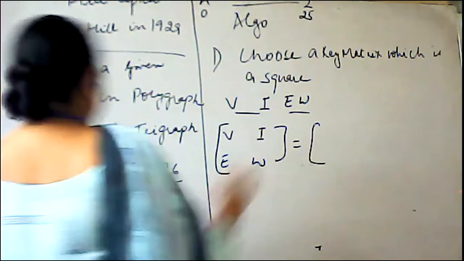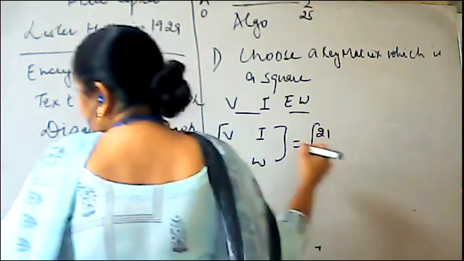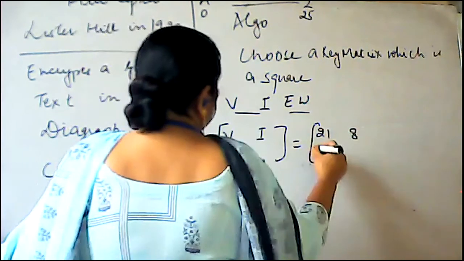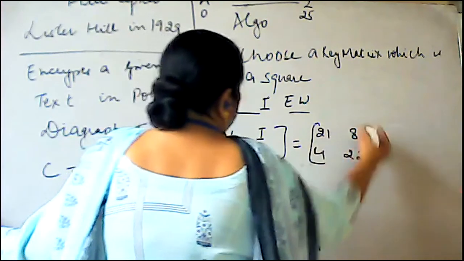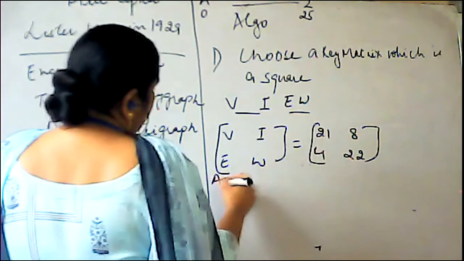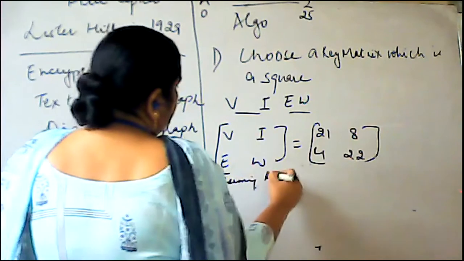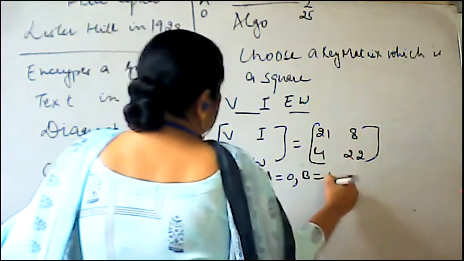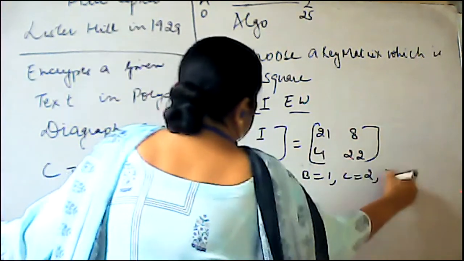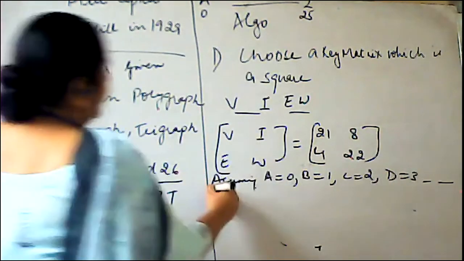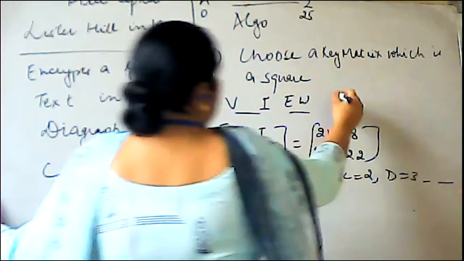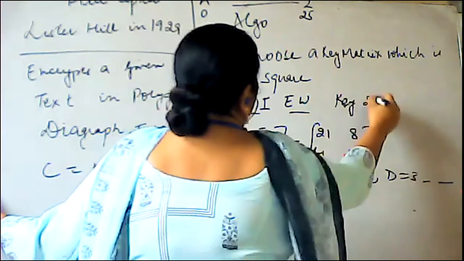So value of V would be 21, I is 8, E is 4, and W is 22. You can write assuming A equal to 0, B is equal to 1, C is equal to 2, D is equal to 3, and so on till Z, which is equal to 25. So this is your key, which is a square matrix of 2 by 2.